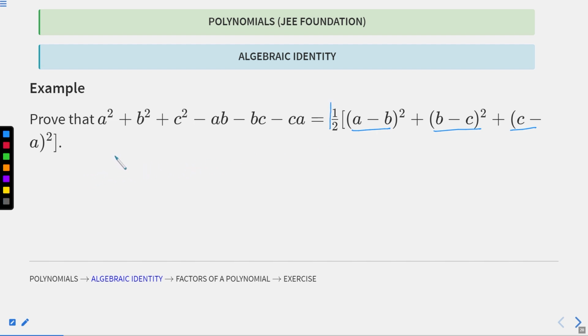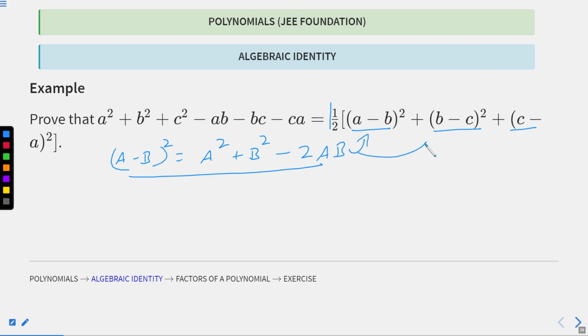Using the formula, if you recall, (a minus b) whole square is equal to a square plus b square minus 2ab. I hope you get this formula, and we will be using it again and again for this term, this term, and this term, and then simplifying will get me the left hand side.